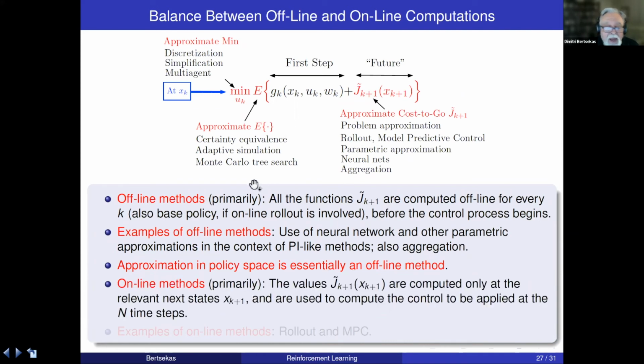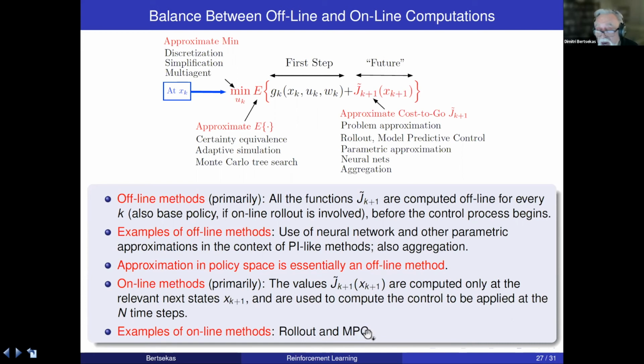Now, the online methods, primarily online methods, are the ones for which these values are computed as needed, only at the relevant next points, and they are used online to compute the control at the n-type steps of the horizon. Examples are rollout, where you compute these values by doing simulation forward of the base policy.